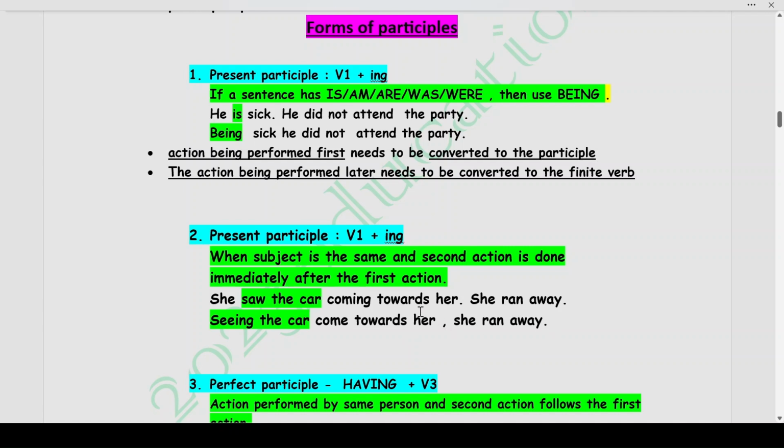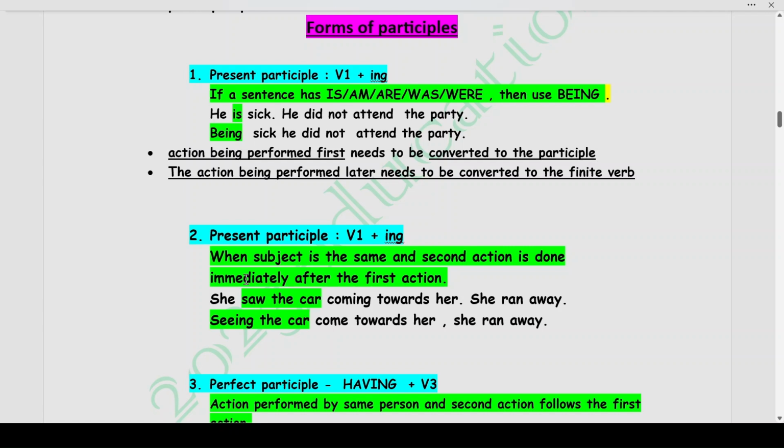So what we have to do, students? We have to identify whether the subject is the same in both the sentences. If the sentence has the same subject, the next thing we will check is whether it is in the present tense. Yes, it is in the present tense. So we will now see if the second action is being performed immediately as a result of the first action being done. Yes, it is happening in this case. So next what we will do?